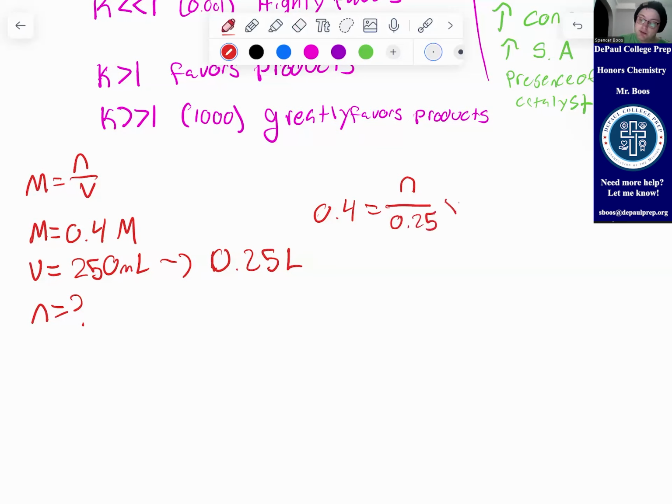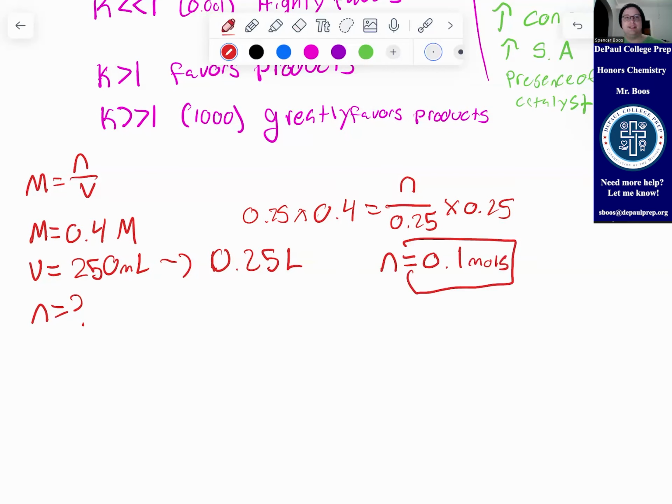Of course, to get n by itself, we multiply by 0.25. So we get 0.4 times 0.25, and n is equal to 0.1. Oh, not molar, moles. And that's how we solve question 7 on the study guide.